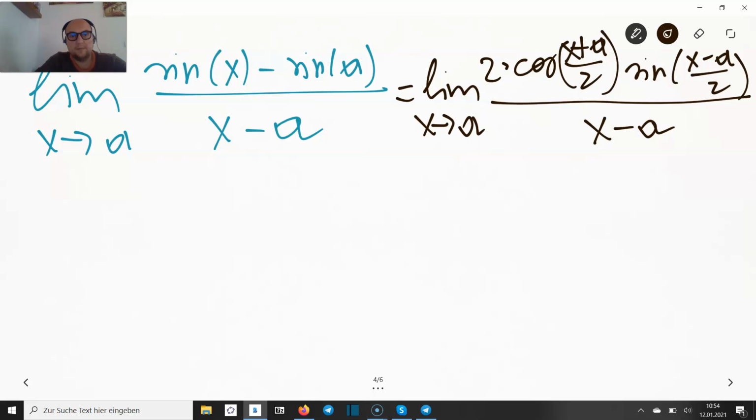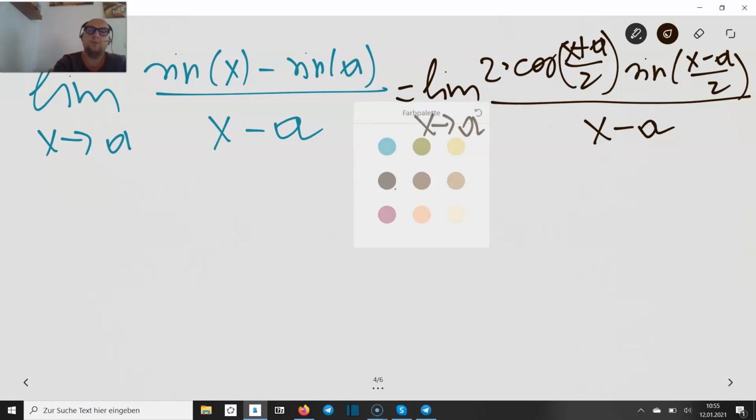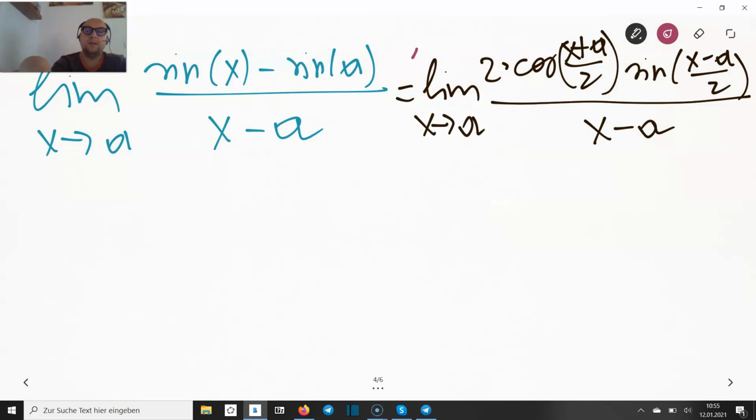All right, is it better? Maybe not immediately clear that this is better, but if we are multiplying it times a half over a half, so we're multiplying times 1, this 2 is gone, and now we have division by 2 in the denominator.